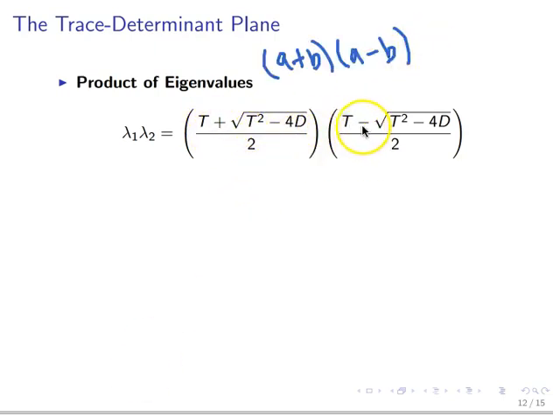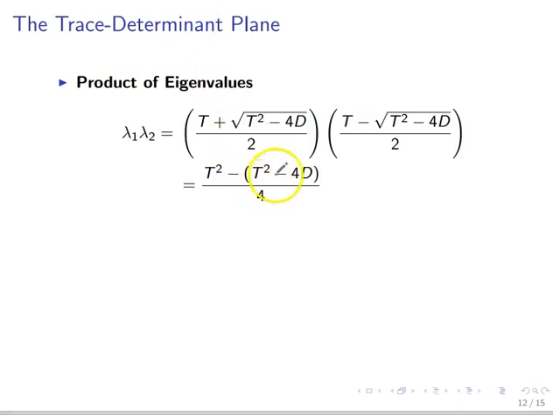And this product looks very much to be a product of this type, a plus b multiplying the quantity a minus b. You could multiply this out, distribute a times a and so on, but you may remember that this reduces to a squared minus b squared. In this case, a is the trace, so here you want to see the trace as the quantity a, and the quantity b is this square root.